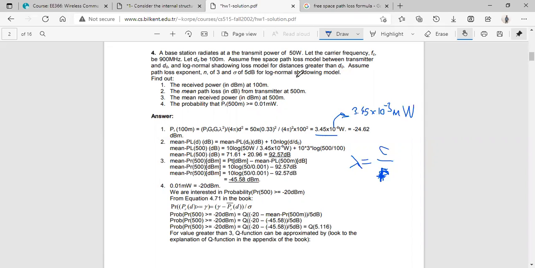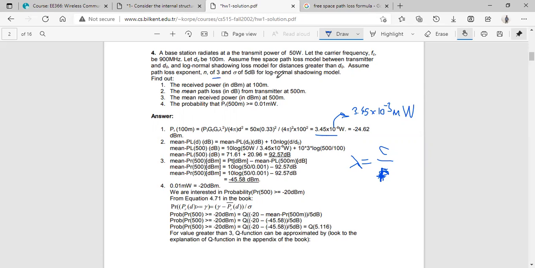The log normal shadowing model is given by 10 times n times log of d upon d0. Our n value is given over here, that is 3. So 10 times 3 times log of the distance, given as 500 meters, divided by d0.